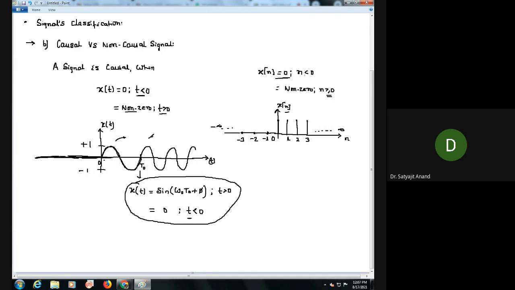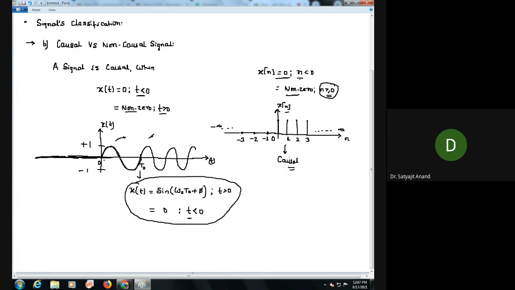When time is negative, the amplitude has a value 0, and x(n) has a non-zero amplitude when n is greater than or equal to 0. So this is also your causal signal.